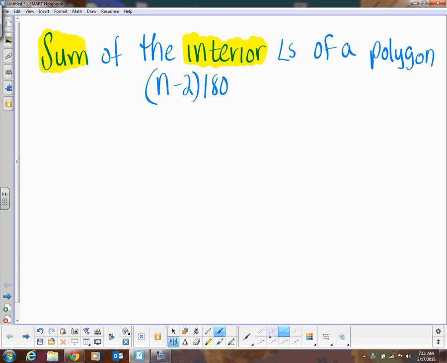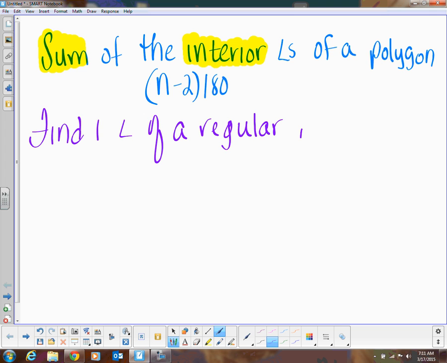Now, how do you find one angle of a regular polygon? What does regular mean? All sides are equal, all angles are congruent.